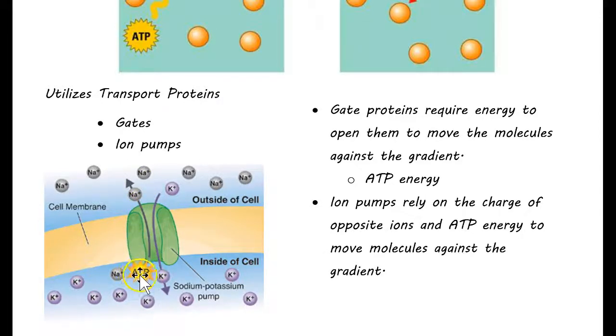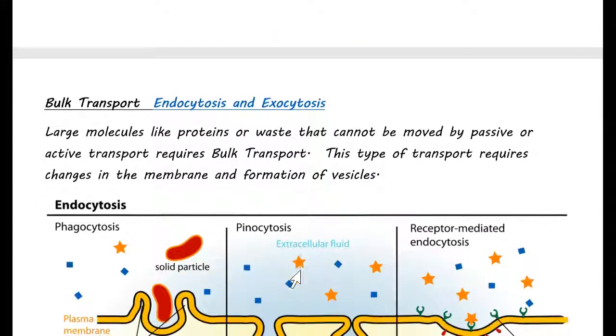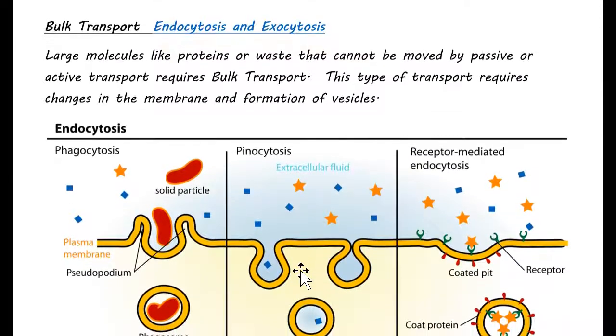And of course that ATP is going to cause the pump to open and close in a pumping action to help pull these into and out of the cell. So this is a form of active transport. Both require energy. There's another type of transport that is called bulk transport.